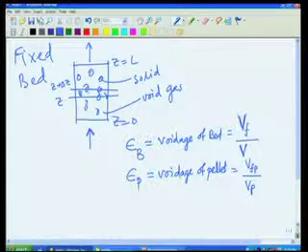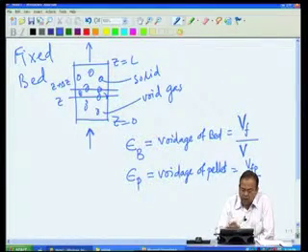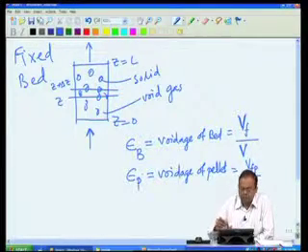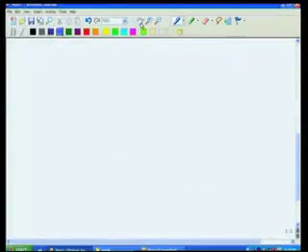So, what is this small cross section? It consists of both solids and the voids, and we will assume that void fraction is uniform through the bed. So, epsilon p, epsilon b are applicable in this particular case as well.